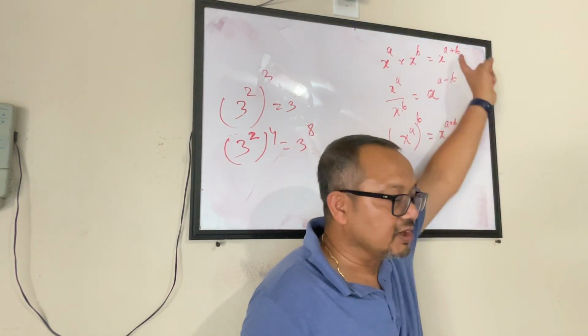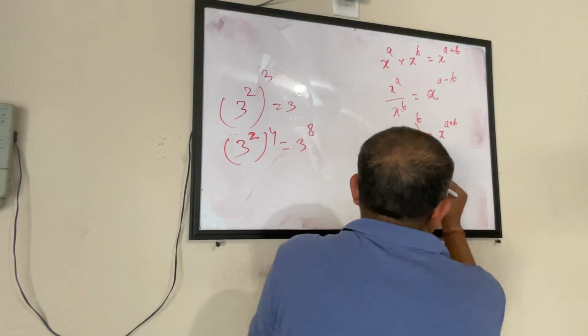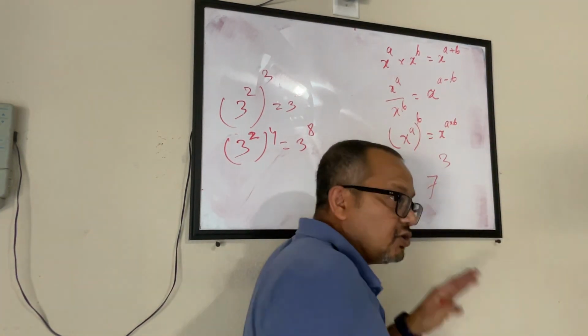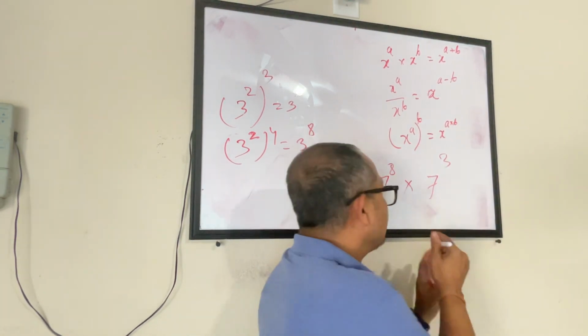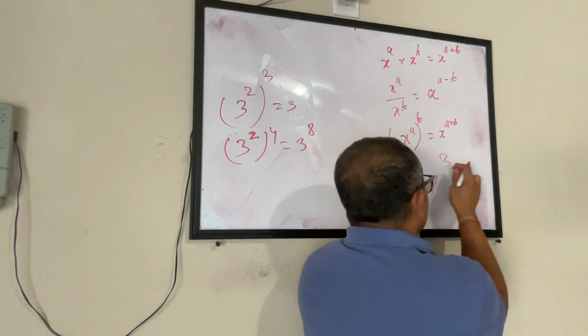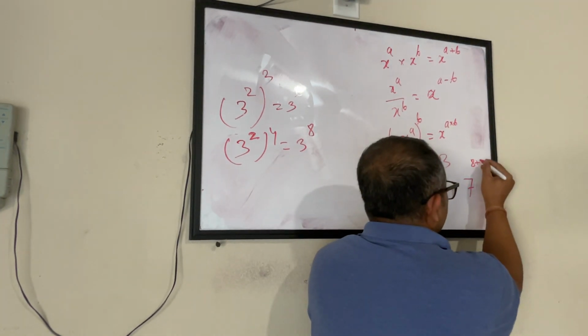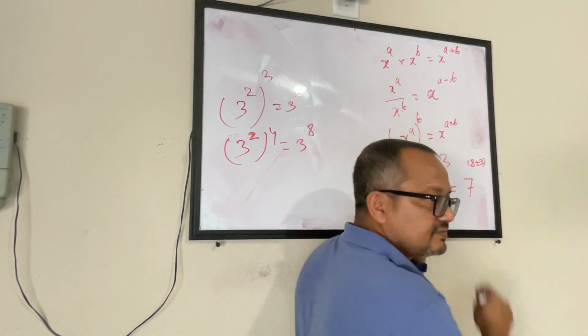That is one formula. So tomorrow if somebody says, multiply 7 to the power 8 by 7 to the power 3, you don't have to break it down because you have seen how the formula is derived. You will say, my base is the same, so the powers get added. It's a multiplication. It becomes 7 to the power 11.